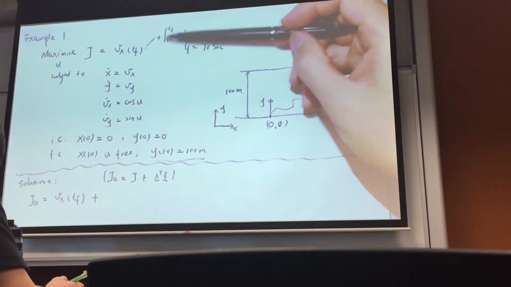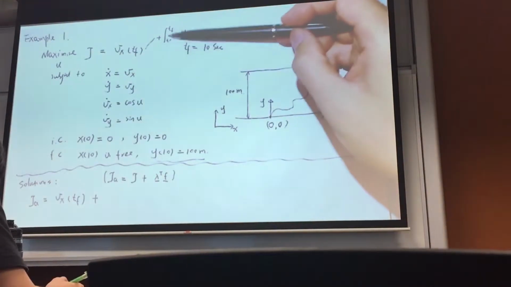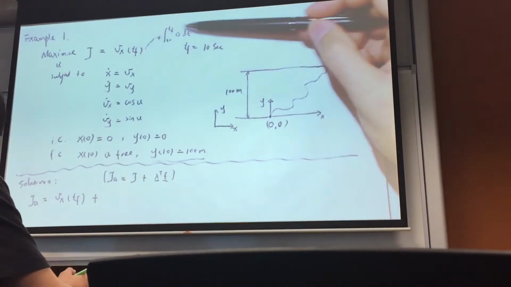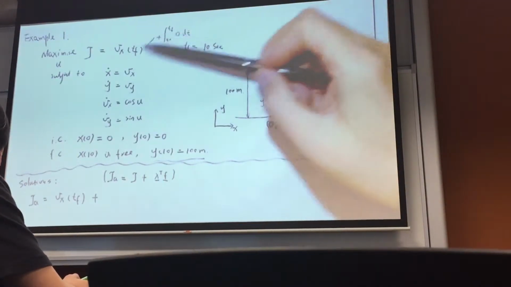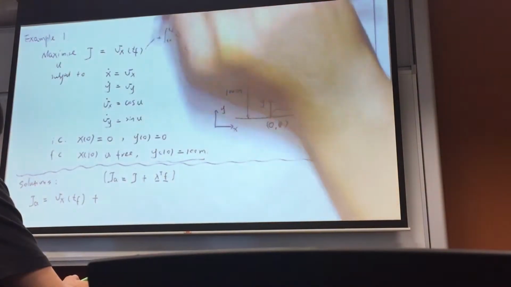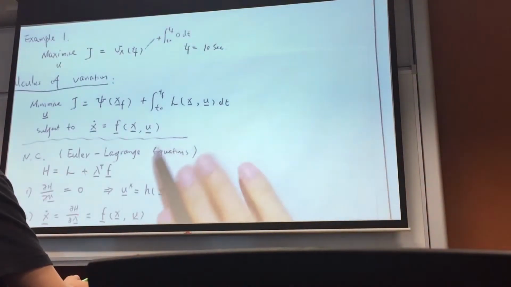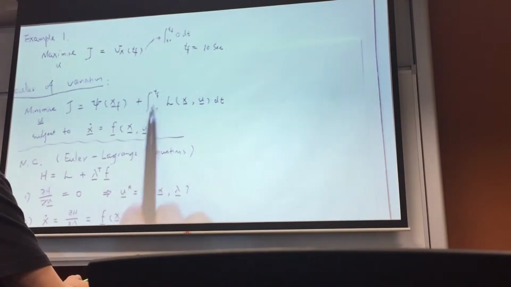So we know this integration will be equal to 0. So if we have this equation in this form, we can see now the equation is quite similar to this format.